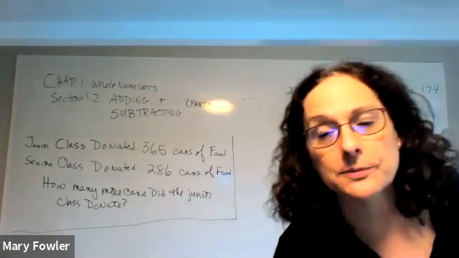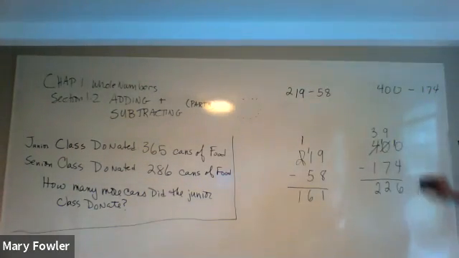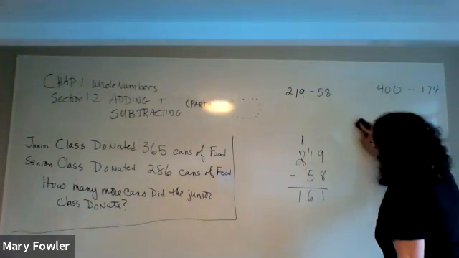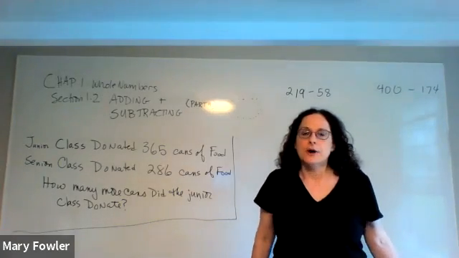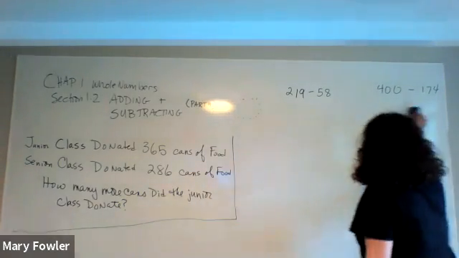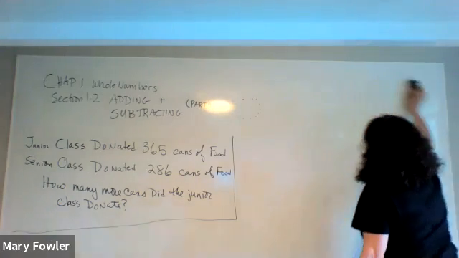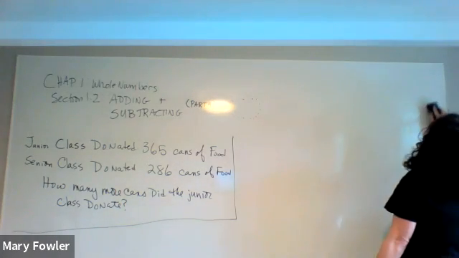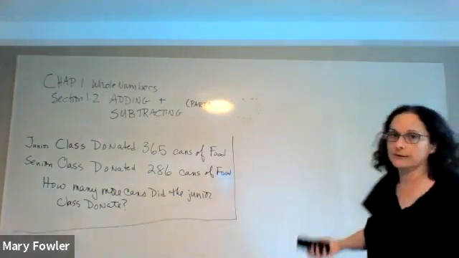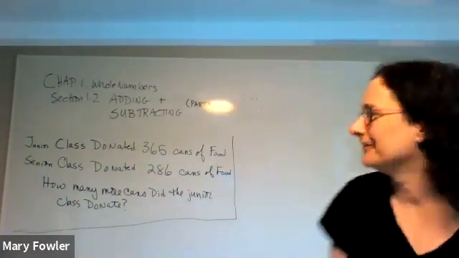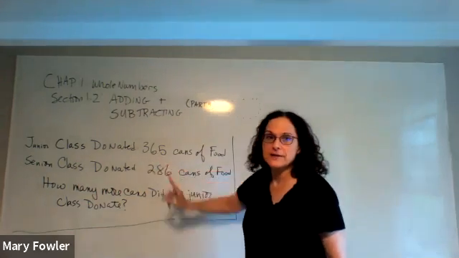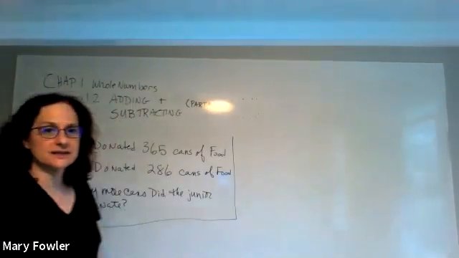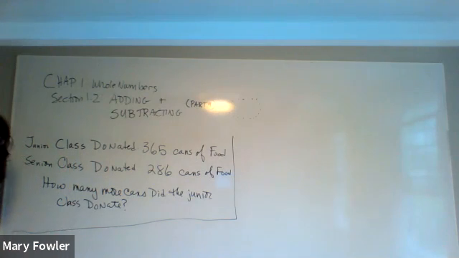We have a word problem here. Again, these problems are from the PowerPoints from my math lab that I showed you in one of the earlier videos. So we have a junior class that donated 365 cans of food.